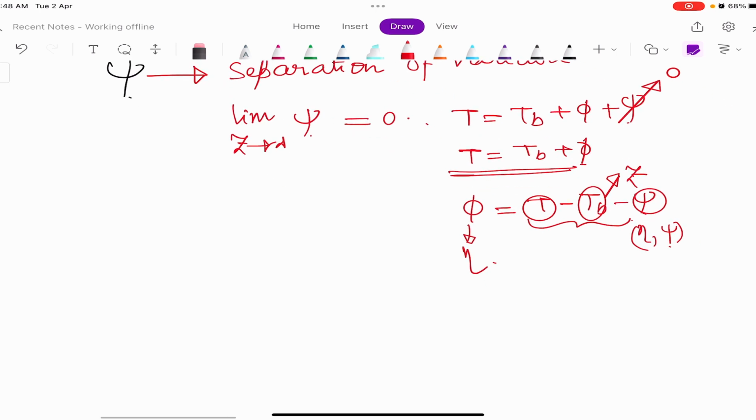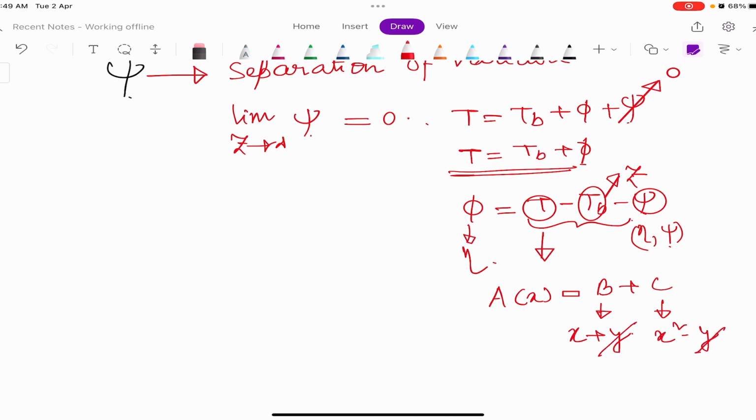Then how can phi be a function of only eta? Well, that can happen. How can that happen? You see that if a is a function of x only, and if a equal to b plus c, b is a function of x and y, so maybe b is equal to x plus y, and c is again a function of x and y, so maybe c is equal to x square minus y. Then they can be cancelled out to get a as a function of x.